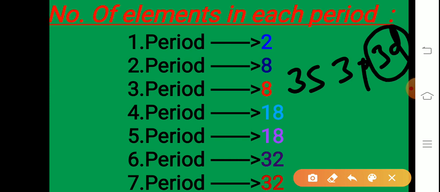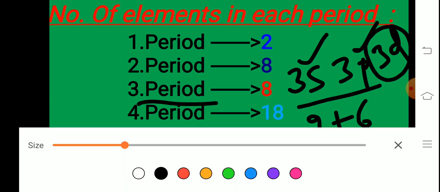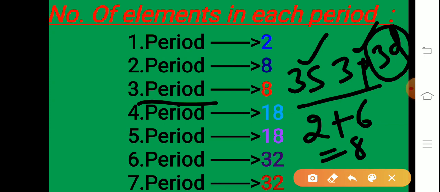According to the Aufbau diagram, the electron should not enter the 3d. Again we have two subshells, s and p. s contains 2, p contains 6, total 8. That's why in the third period also we have 8 elements.